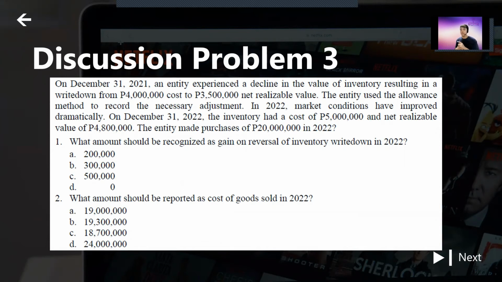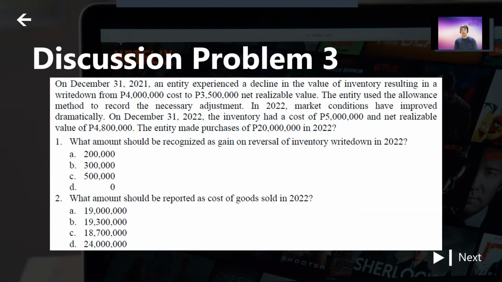And then in number 2, what amount should be reported as cost of goods sold in 2022? On December 31, 2021, an entity experienced a decline in the value of inventory, resulting in a write-down from 4 million cost to 3.5 million net realizable value.